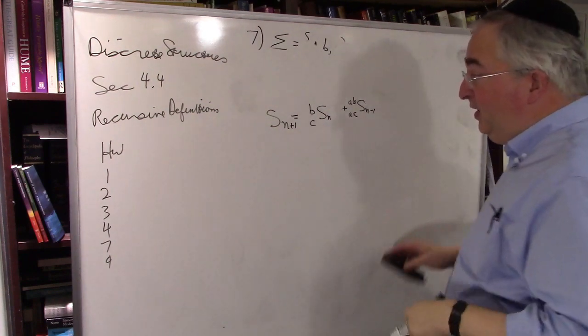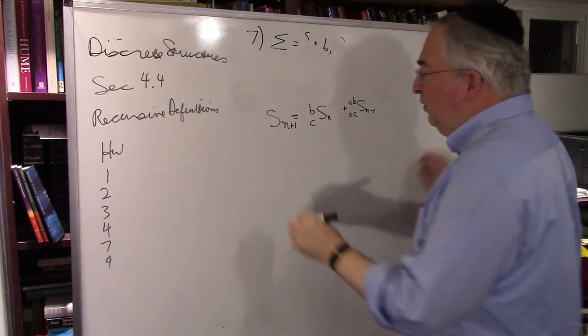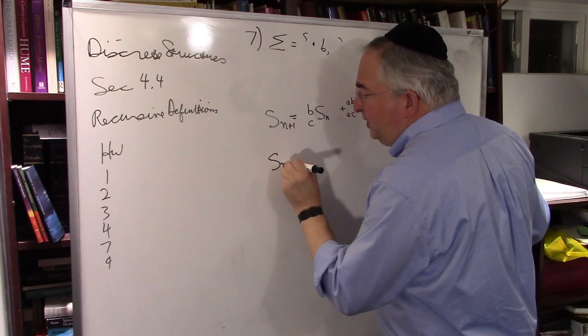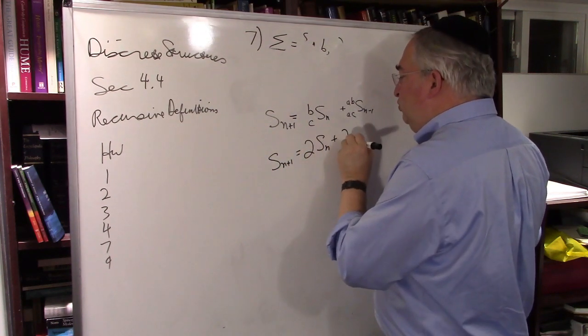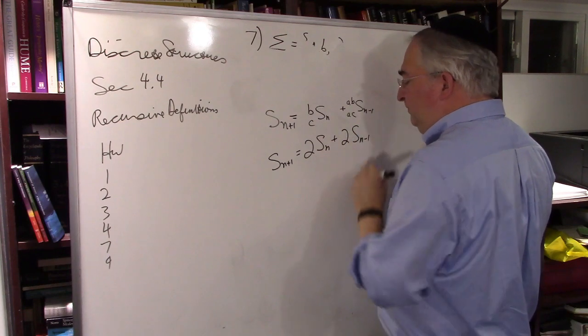Can't start with an AA because AA is not allowed. So what we get is S(n+1) equals 2 times S(n) plus 2 times S(n-1).